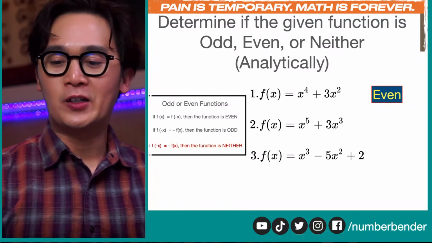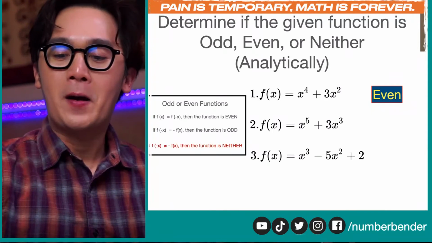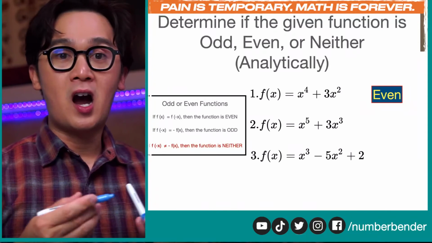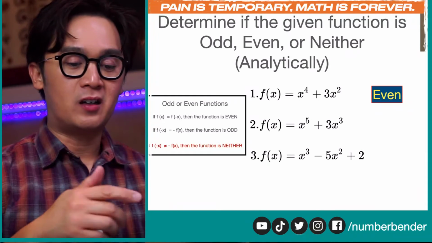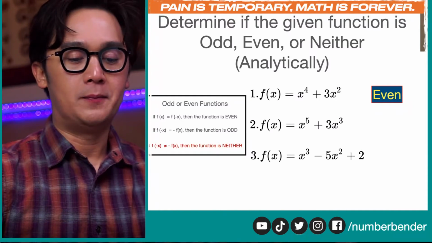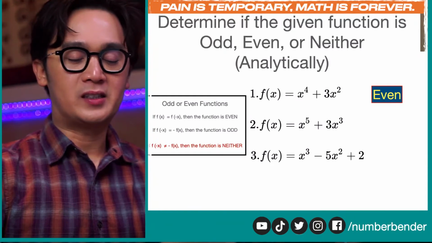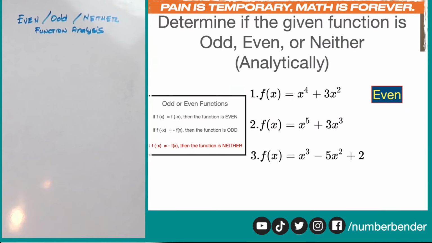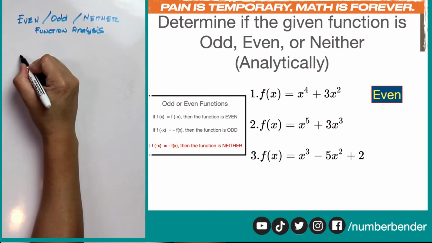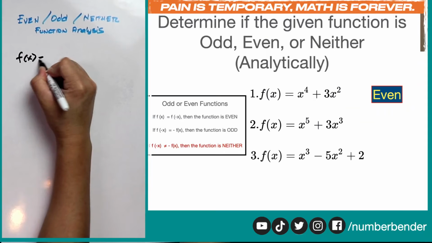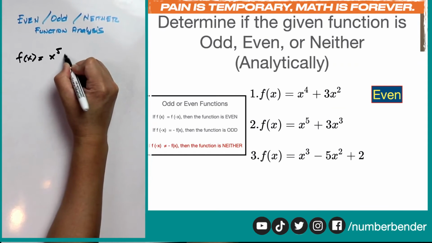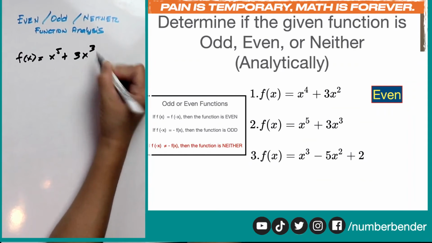And now, let's see if function number 2 is odd, even, or neither using algebra. With the same principle that we used in our first example, our original function is x to the fifth plus 3x cubed.